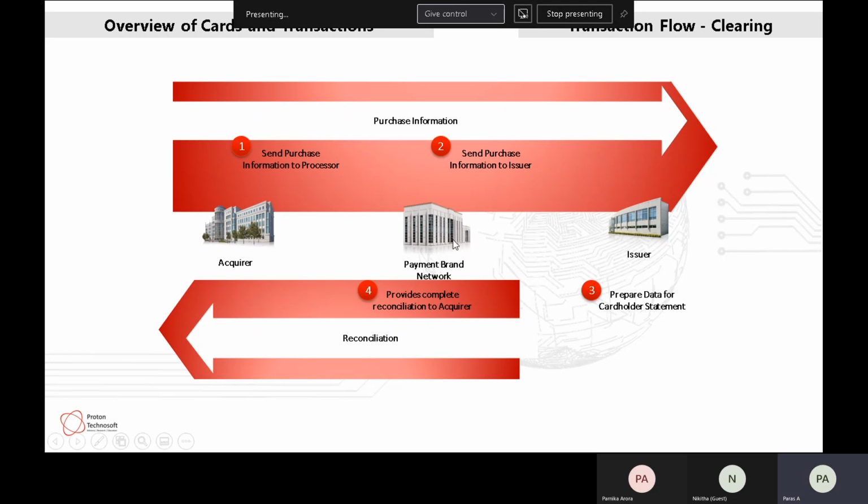And ICICI is connected to you, so help me connect to it. Visa will send that information to the issuer saying that you have got a 100 rupee transaction from HDFC yesterday, so please look into it. So ICICI will verify whether that transaction happened or not.